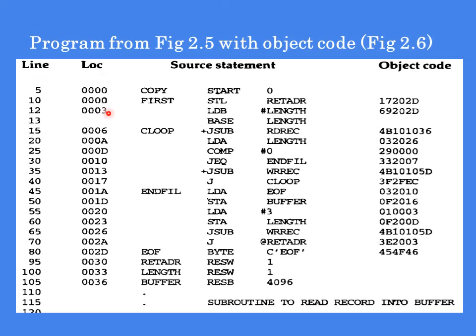If you subtract 003 from 0030, you will in fact get 02D, which is a 12-bit value. That is the displacement which you are storing in the object code when this is getting converted to its object code. So similarly for other cases also it's the same, where you are storing the displacement, the relative difference between the instruction and the location where it points to.